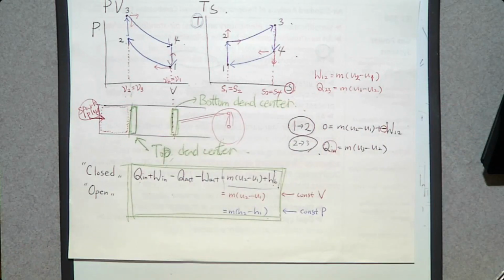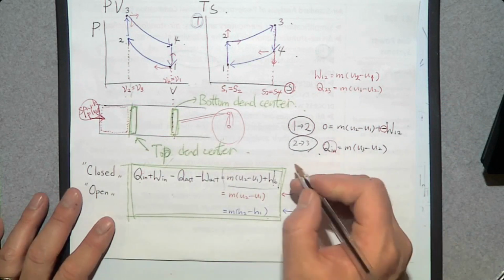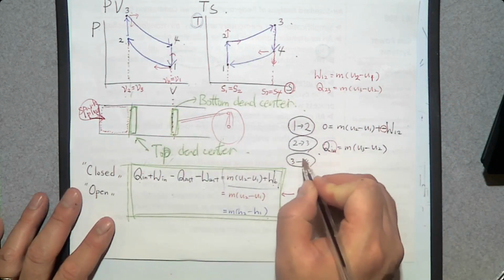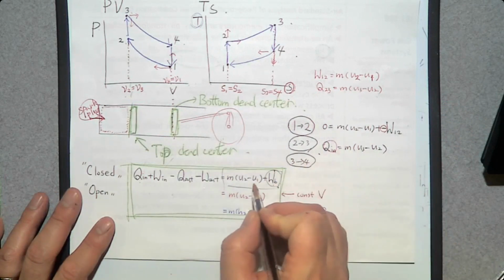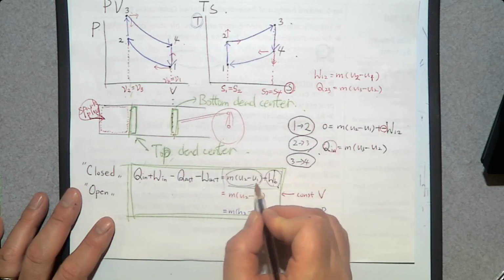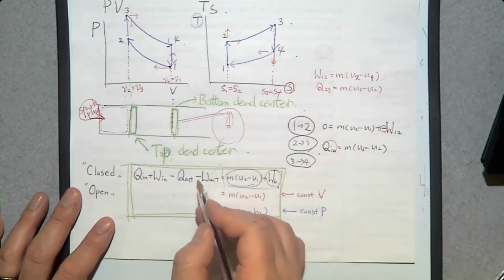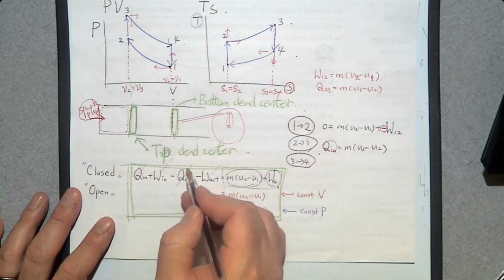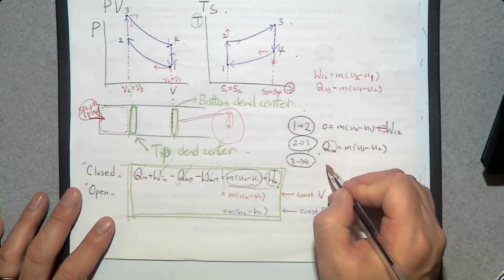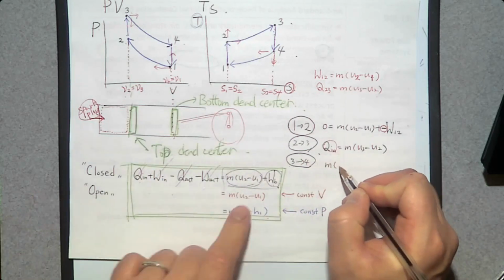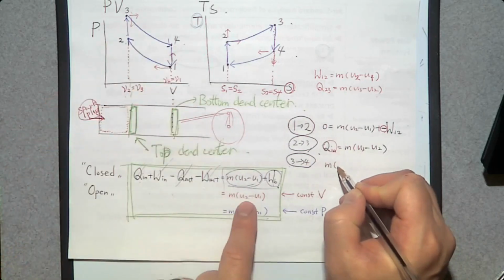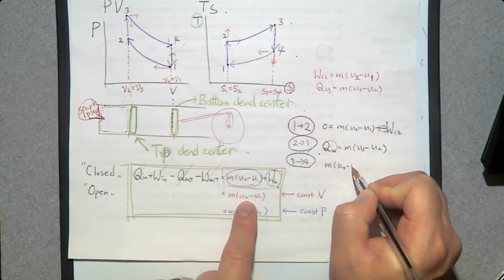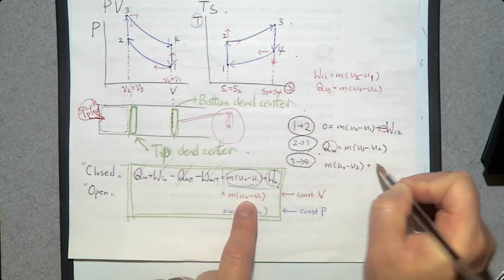What about 3 to 4? That's an isentropic expansion. So we have an expansion process, so we have a moving boundary work. We have a U4 minus U3, but there's no external work or heat. So we can say, between 3 and 4, m times U4 minus U3 plus moving boundary work.